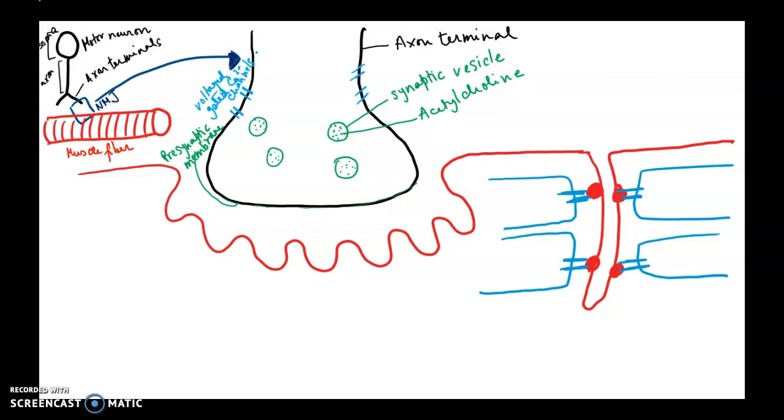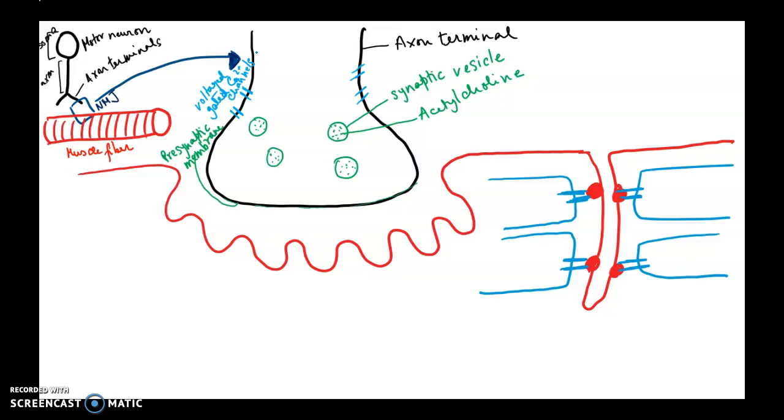Voltage-gated means that you need to have an electrical current flowing for these gates to open. They are regulated by changes in voltage, meaning you need an electrical stimulus or an electrical current to open these gates. Good.